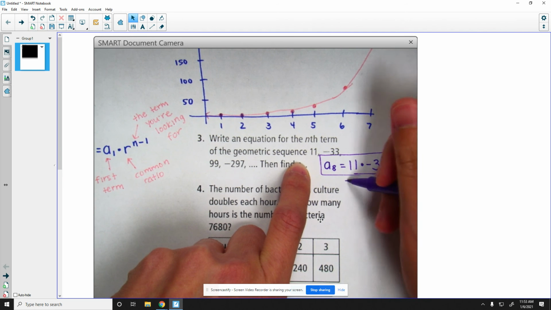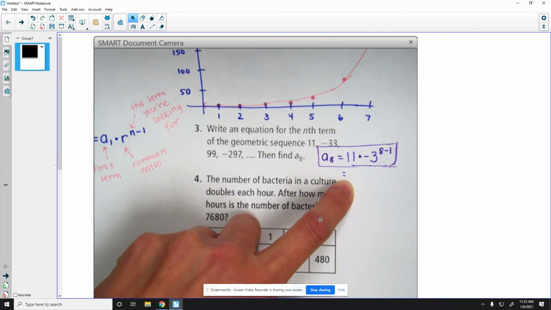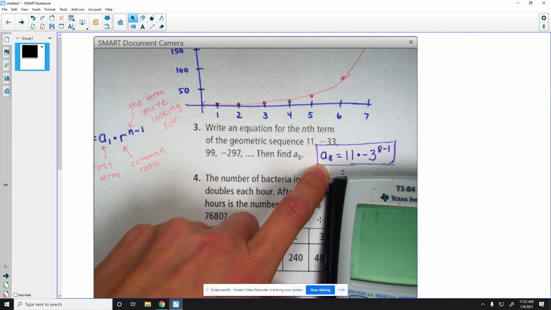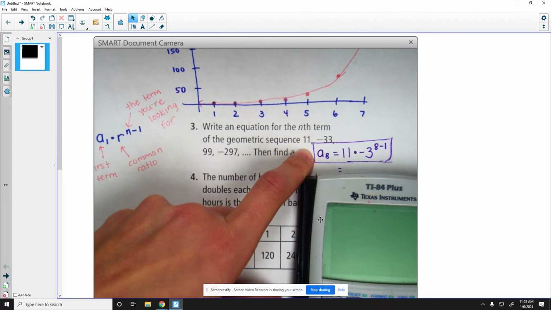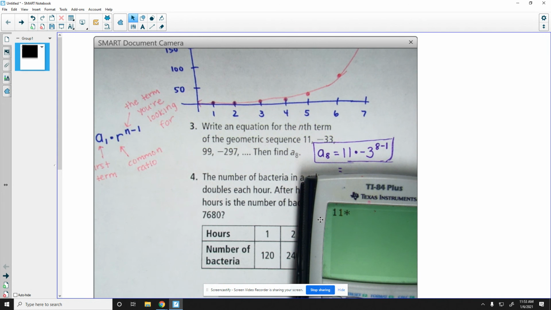The second part of the answer tells what the 8th term is. I don't know. That's a lot of math. So plug it in your calculator. You have 11 times -3. Do I have to put that in parentheses, do you think? No. Maybe. Great answer, Michael. Yes, no. Yes, try. So guys, whenever it's a negative, you always want to put it in parentheses.